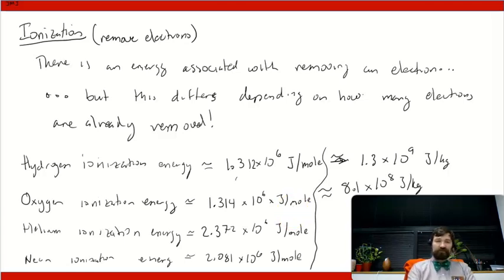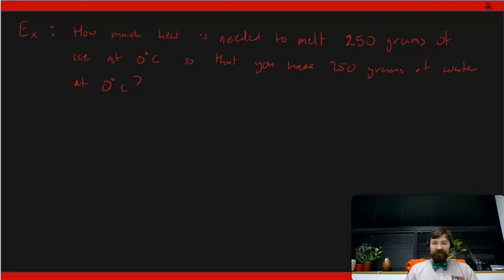Now we can close with a brief example. The example simply asks how much heat is needed to melt 250 grams of ice at 0 degrees C so that you end up with 250 grams of water at 0 degrees C. So the answer is that the heat that you have to add is the latent heat of, in this case, fusion times the mass.